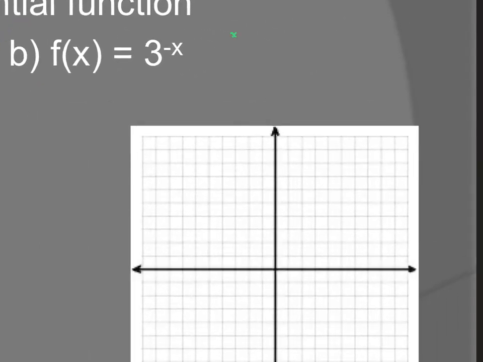Okay, so then x, again, -1, 0, 1. This time there's a negative in the exponent. So 3 to the -(-1) becomes 3 to the first, or 3. 3 to the -0 is still 1, because it'd be 3 to the 0. And 3 to the -1 is 1/3. So now I get (-1, 3), (0, 1), and (1, 1/3).